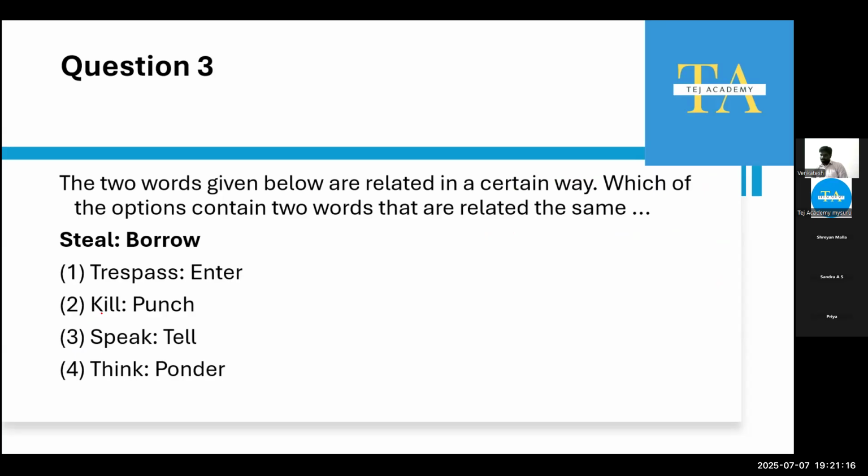The options are trespass, enter; kill, punch; speak, tell; and think, pound. Which is related in the same way? I think trespass and enter is similar to that.